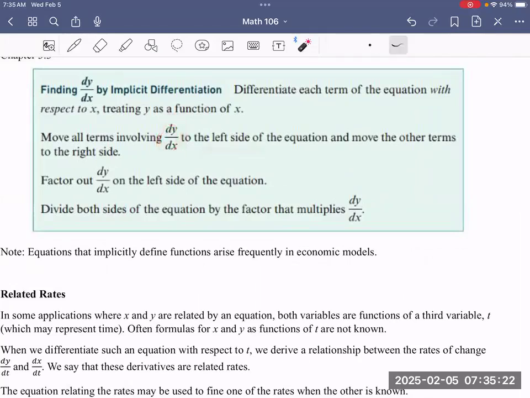It doesn't really matter which side, but usually we have our equal sign on the left. Factor out your dy dx on the left-hand side of the equation. So that's exactly what we did. And then divide both sides of that equation by whatever it's multiplied by. So think about our coefficient. Typically, we divide it out. That is all that we are saying.